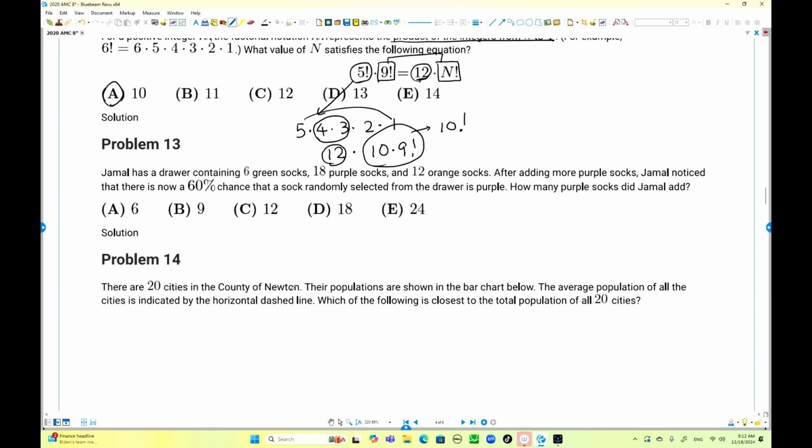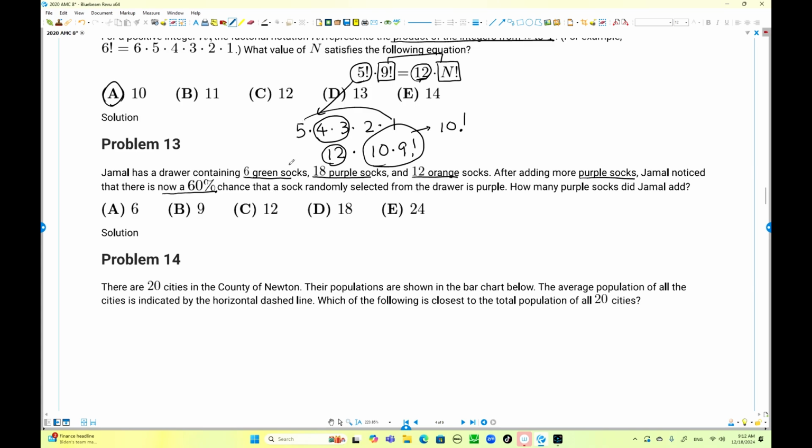Okay, we have 6 green, 18 purple, and 12 orange. After adding more purple socks, Jamal noticed that there are 60%. So you can add over here, right?